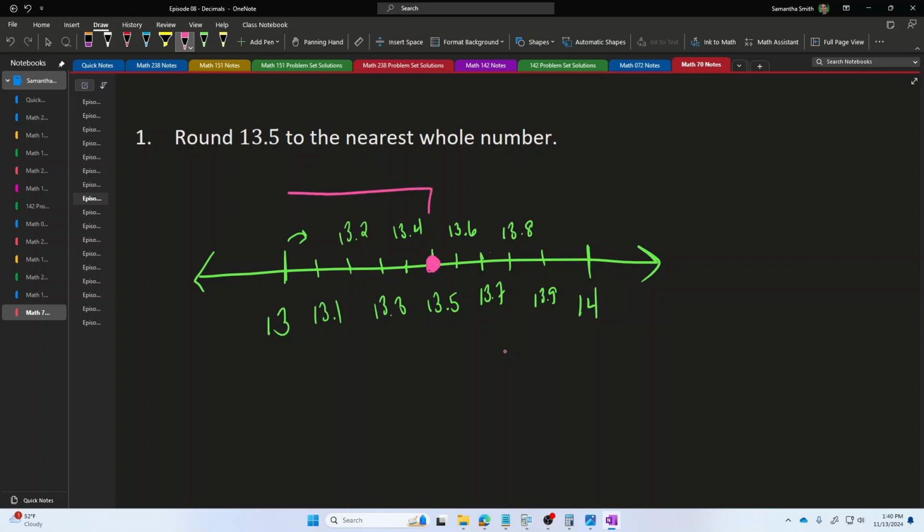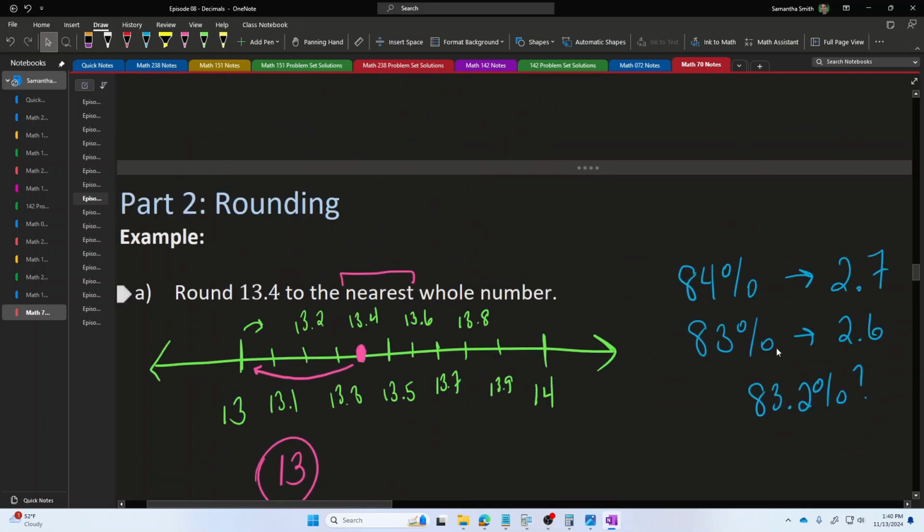And so the distance to both of these whole numbers is the same. If someone asks you to round to the nearest whole number, the question becomes, which of these numbers do you choose? Do I round it down to 13 or do I round it up to 14?